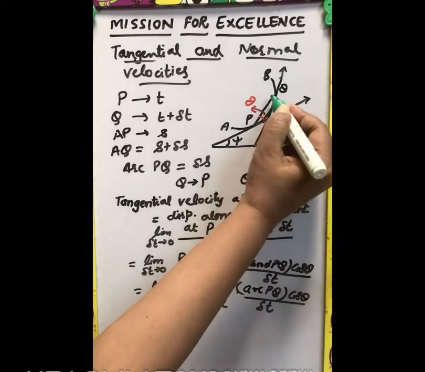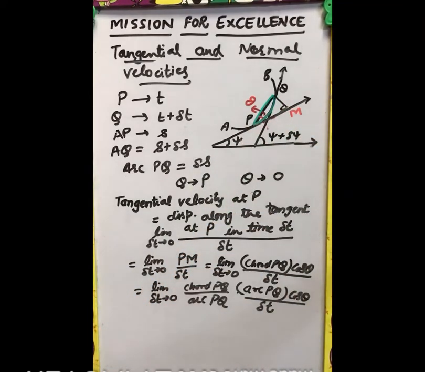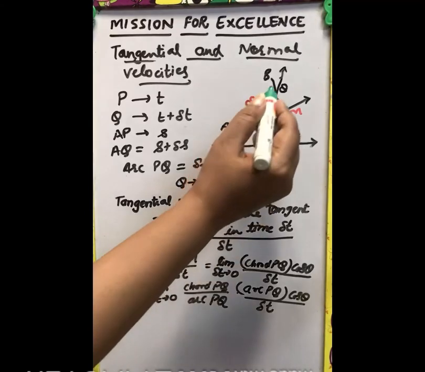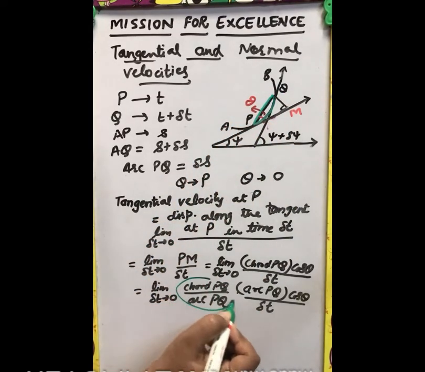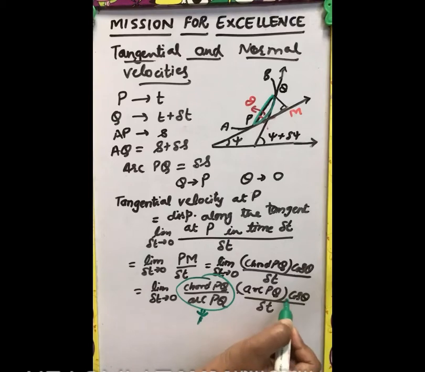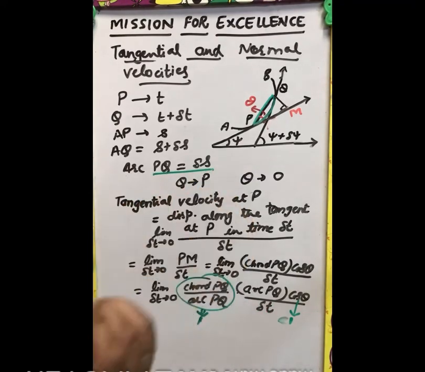This is the chord PQ and this is the arc PQ. When delta t tends to 0, these two points are the same, so arc and chord will be the same. So this quantity will give you 1. And when theta tends to 0, cos 0 will also give you 1. So we are left with arc PQ, which is nothing but delta S.